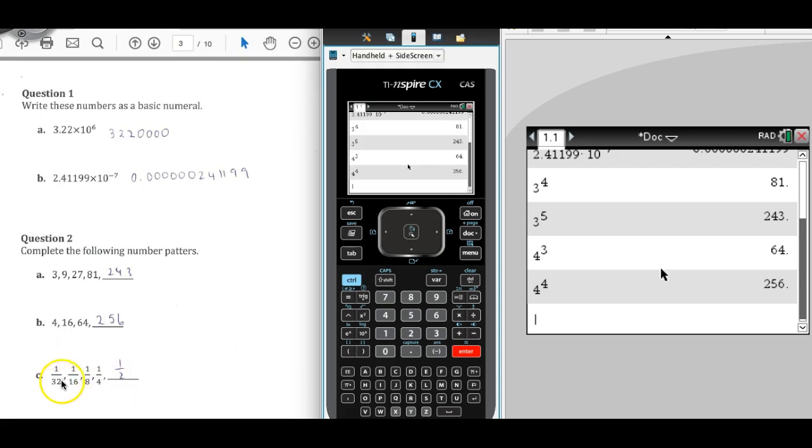Now you could say it's halving each time, which is practically what it is actually doing. But this is 2 to the power of -5, 2 to the power of -4, 2 to the power of -3, 2 to the power of -2, and this is 2 to the power of -1, which is a half.